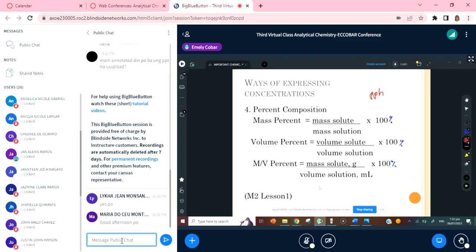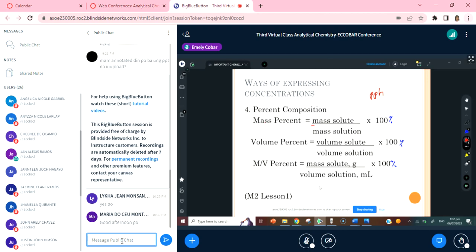So the concentration of our solution is expressed as mass percent of the solute. And then another one is if we use volume.